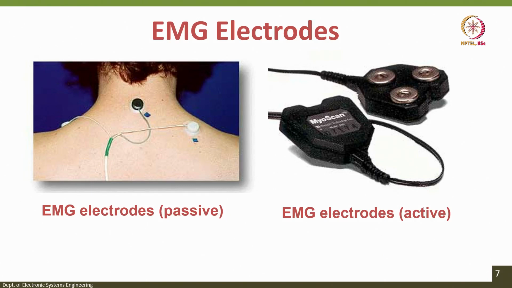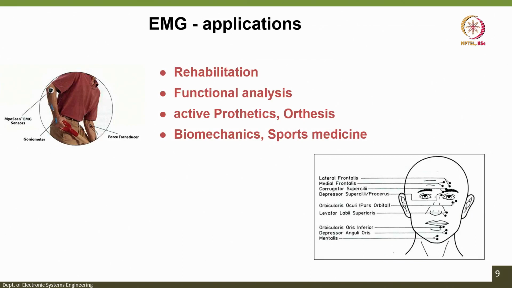So, let us now see the video which shows how these EMG signals are acquired. So, you can understand how the EMG signals are acquired, and the applications can be many.